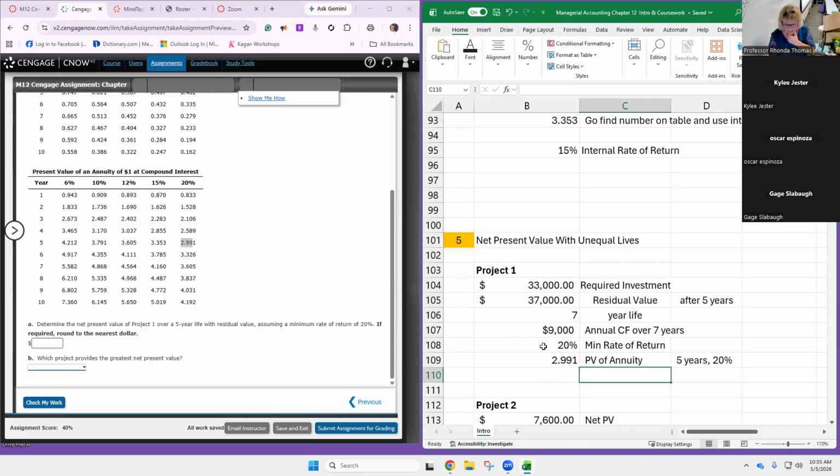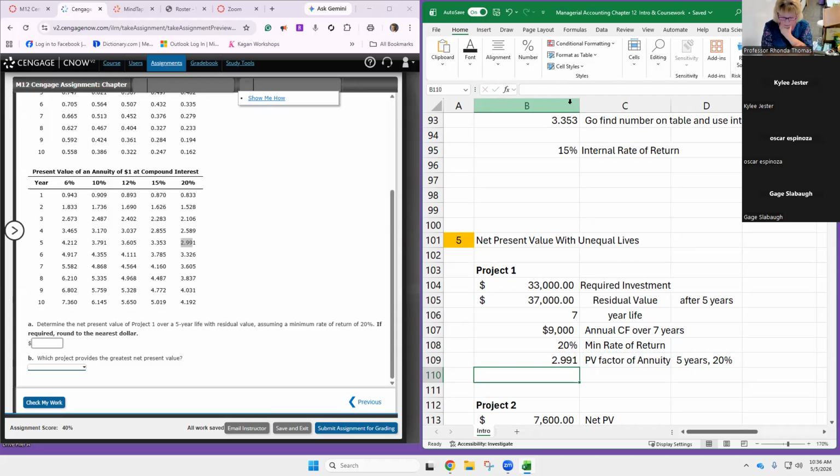Now we're going to take this cash flow times this present value factor of an annuity, which comes from the table. Then we also have residual value, right?